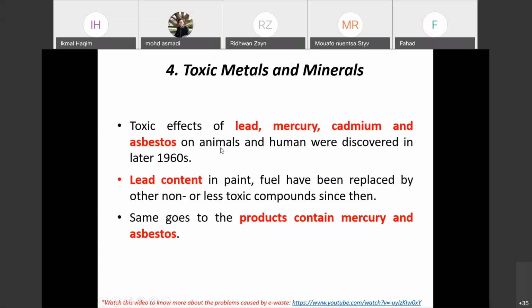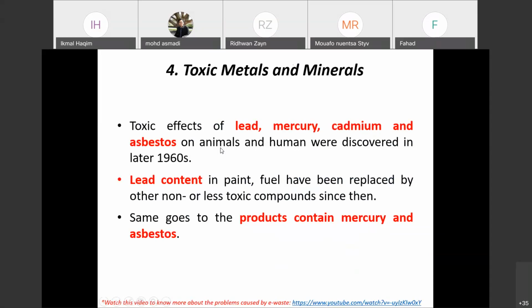We use paint to paint the house, right? Also for buildings. So we have to consider this, and we need to replace it with other compounds which are more environmentally friendly as well as sustainable.